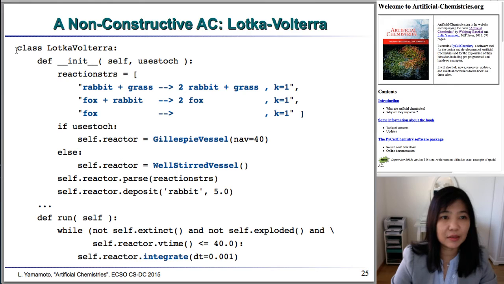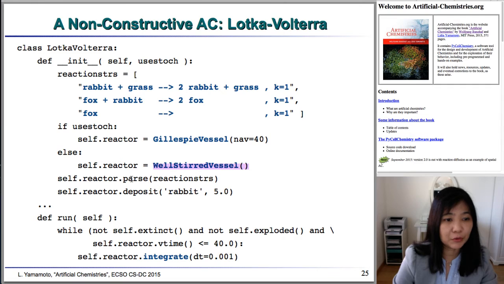So the easiest example is the Lotka-Volterra simple ecology, where the rabbit eats the grass and reproduces, the fox eats the rabbit and reproduces, and the fox dies. And then, just by setting a flag, like would you like to use stochastic simulation or not, here is stochastic simulation, here is ODE integration.